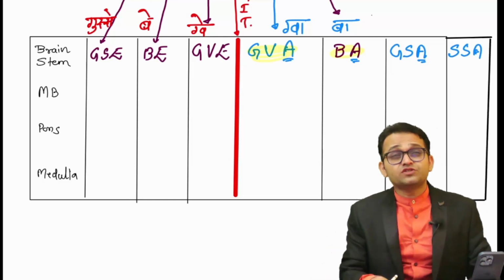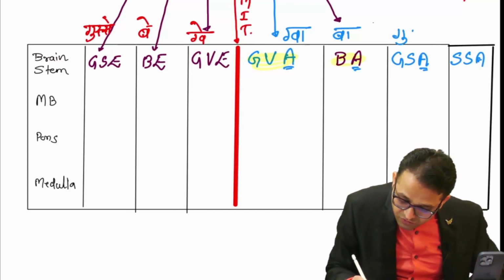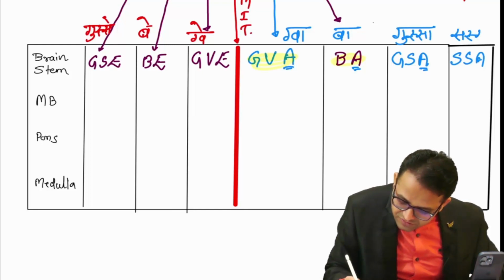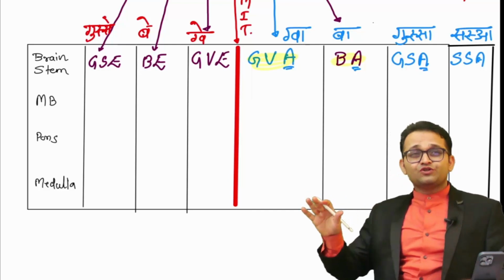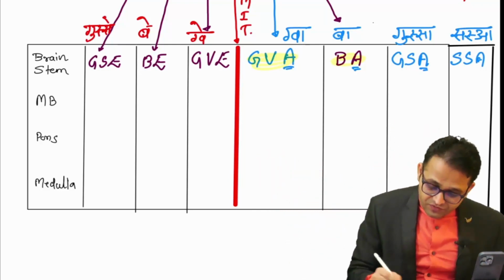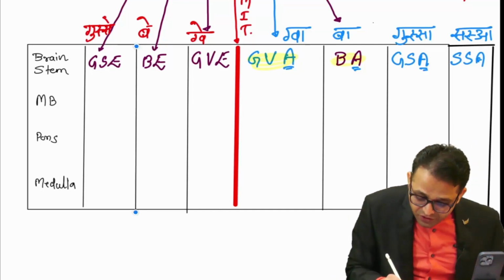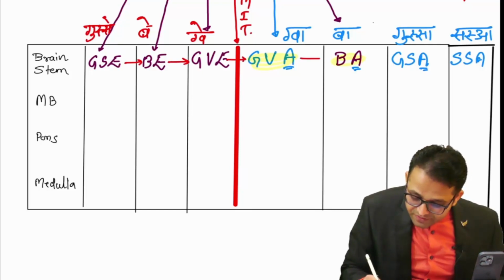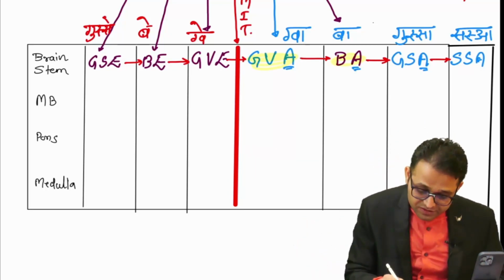The nicknames are gussa and sassa. Just a few mnemonics. Now we have a clear concept about the sequence. This is a very important recent INICET question. The sequence is gusse, then be, then gue, then gua, then ba, then gussa, and then sassa. So no excuse with this sequence. Agree, beta?